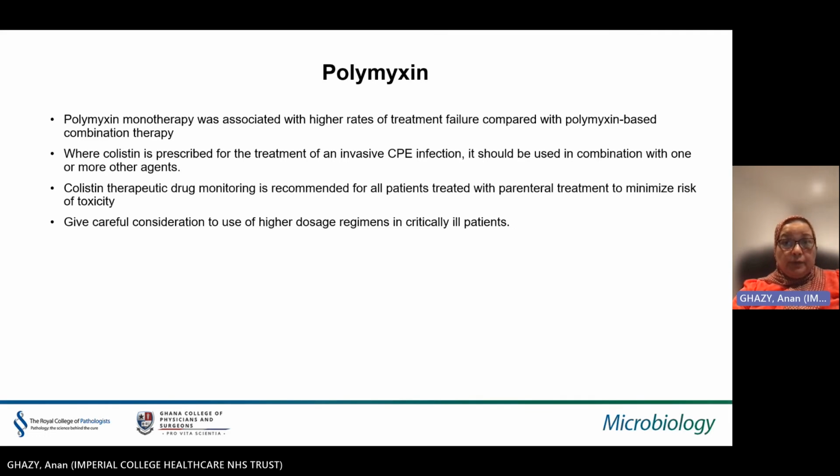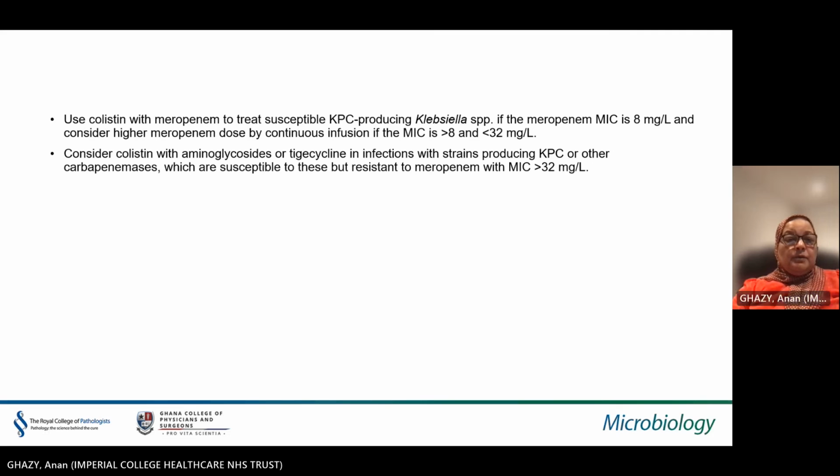Colistin therapeutic drug monitoring is recommended due to the high toxicity rate. Obviously, polymyxin is usually associated with neuropathy and nephropathy. Give careful consideration to use of higher dose regimens, especially in critically ill patients.